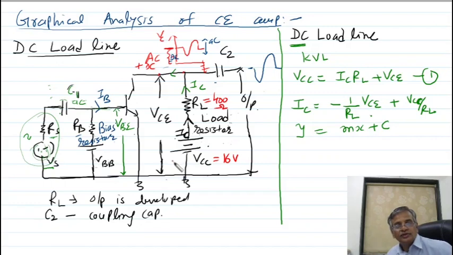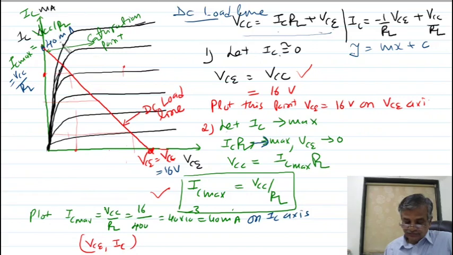No. 16 upon 400, you will get 40 milliampere. So you cannot get 50 milliampere here. Can you get 40 milliampere maximum? Yes, you can. So remember, there is a saturation point.